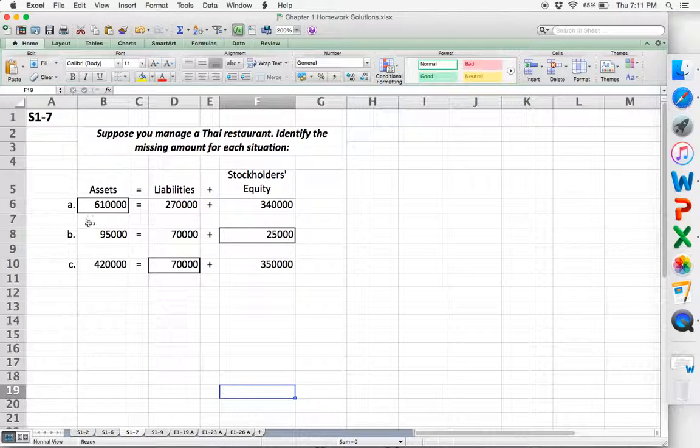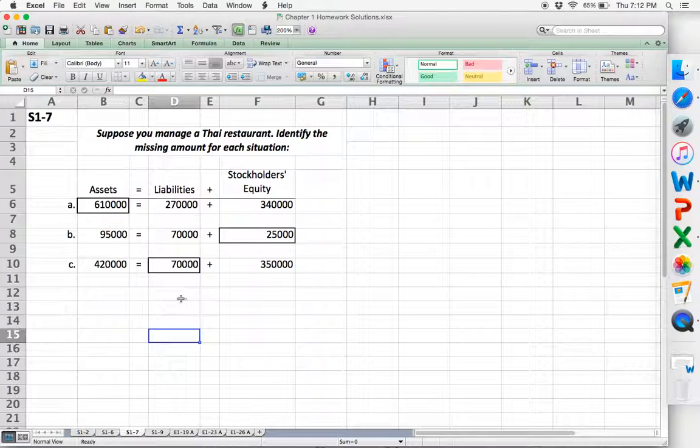All right, so letter A should be pretty easy because you're just adding the 270,000 plus the 340,000 to equal the 610,000. And the great thing about Excel is you can just put in a lovely formula and it does the work for you. All right, B. So they give us assets and liabilities, but we have to find stockholders' equity.